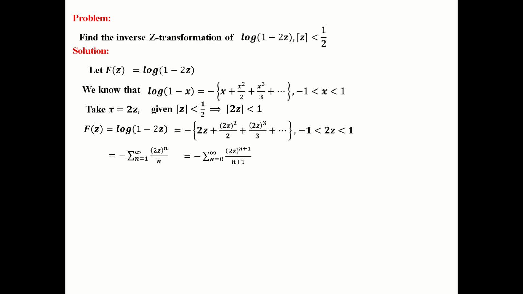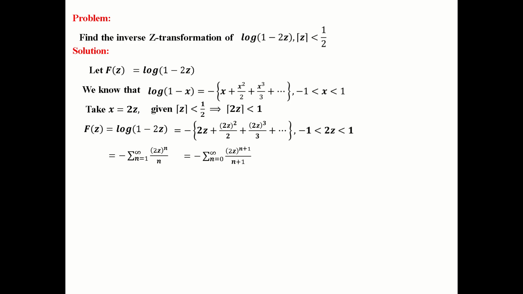We have to change the summation to start from n equal to 0, so instead of n equal to 1, we replace it with n equal to 0 to infinity. Therefore, in the summation you replace n by n plus 1. So you will get minus summation n equal to 0 to infinity (2z) power n plus 1 by n plus 1. Simple, right?